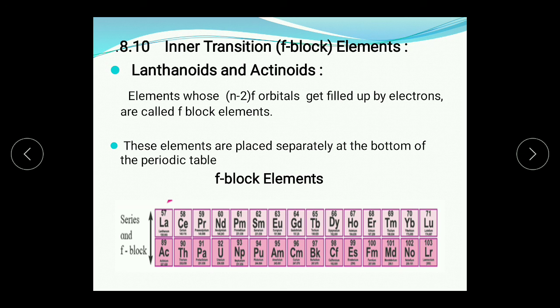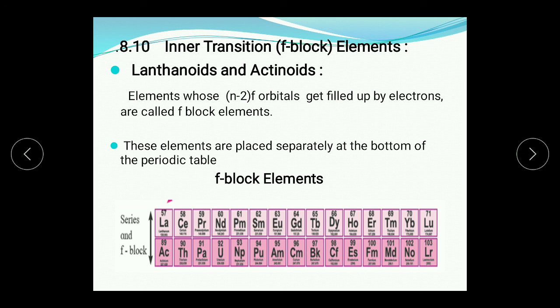6s has 2 electrons, that is nth shell. N minus 1 will be 5d. As it is the first group of d orbital, it may contain either 1 or sometimes 0 electrons. And then comes lanthanoids, where 4f starts filling up.